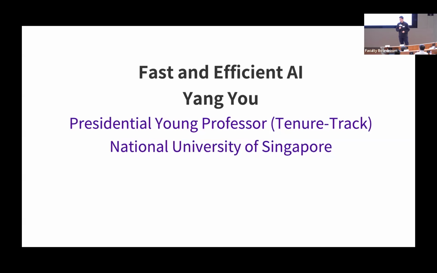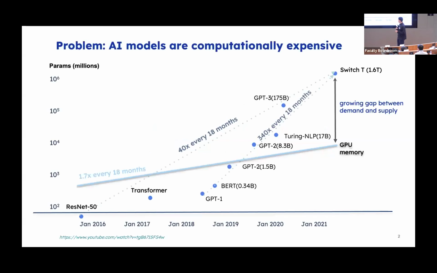Today, let me introduce some of our research techniques to share how we can make AI run faster. I'm sure you know this very well: in the last 5 years, the state-of-the-art AI models are becoming larger and more computationally expensive, right?